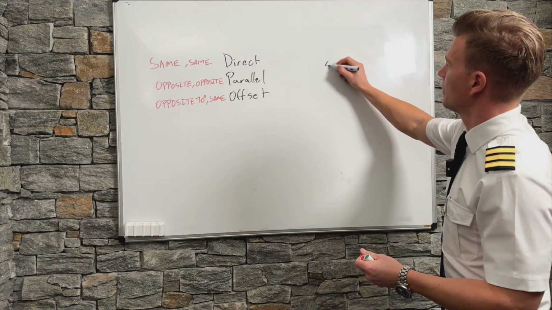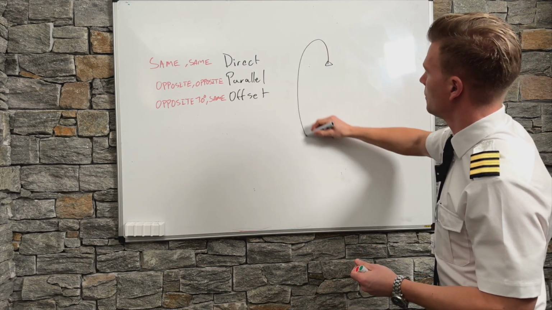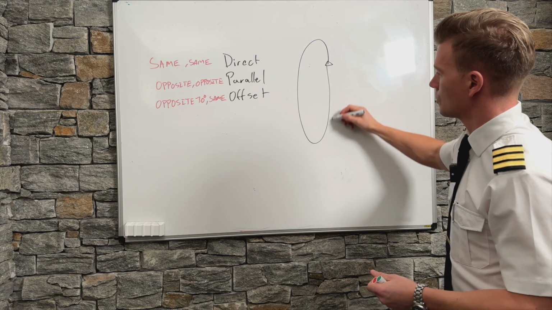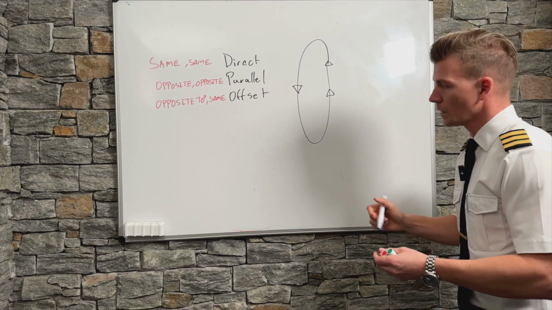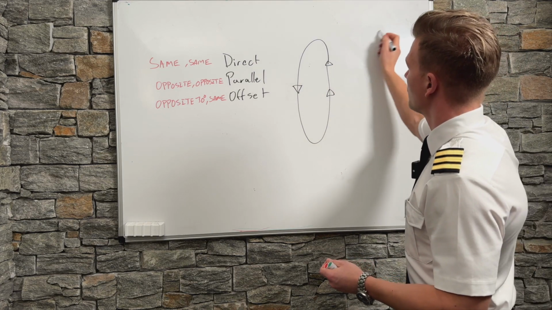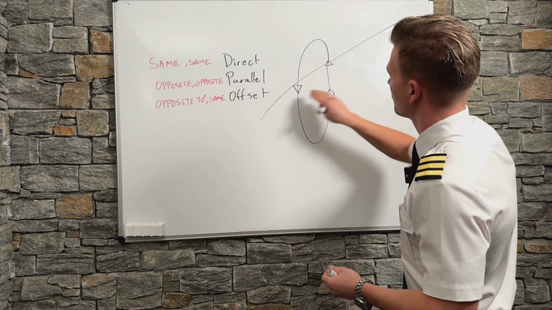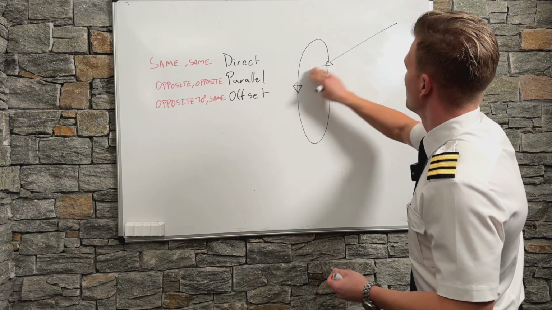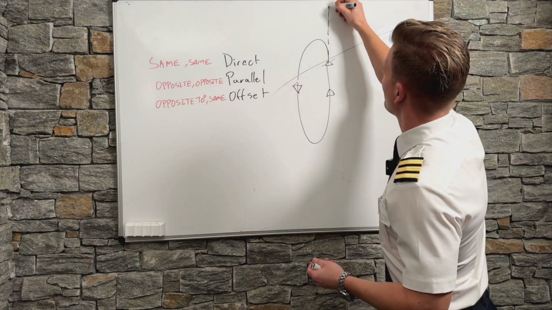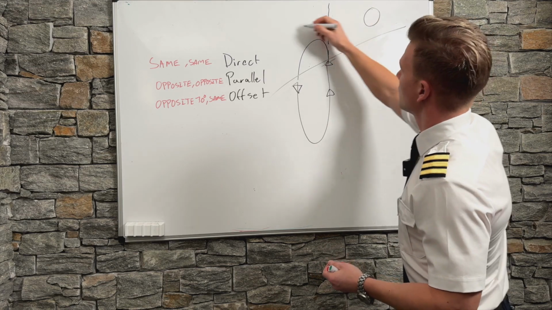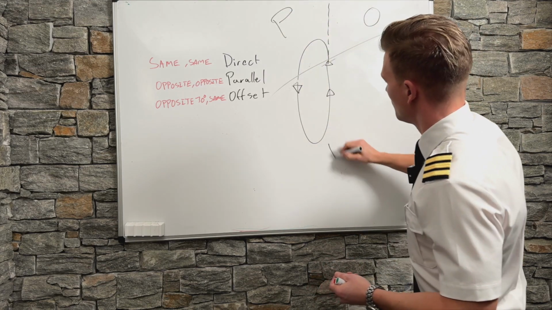Now we have a holding fix here, and there's a left turn like this. So this is the inbound and this is the outbound. Now we can draw the line, it's going to be like this. Offset, parallel, and direct, okay?